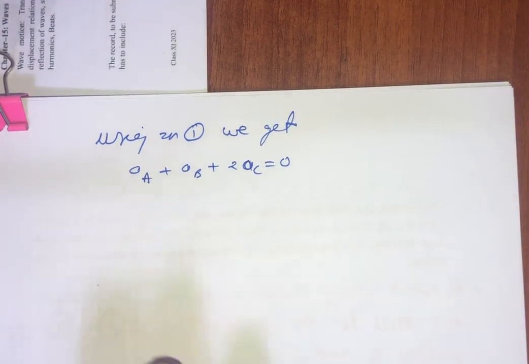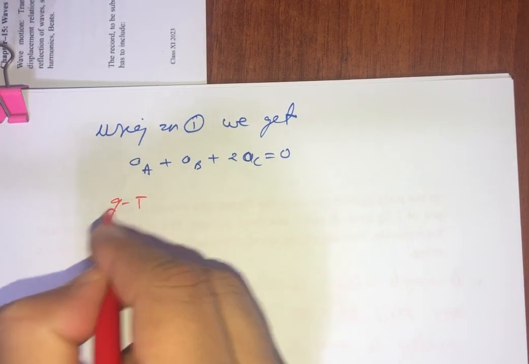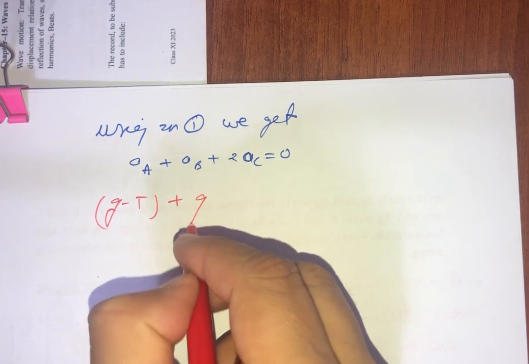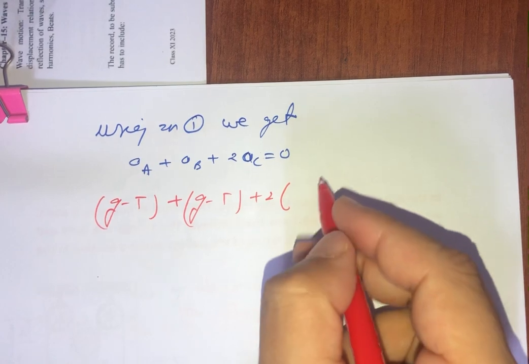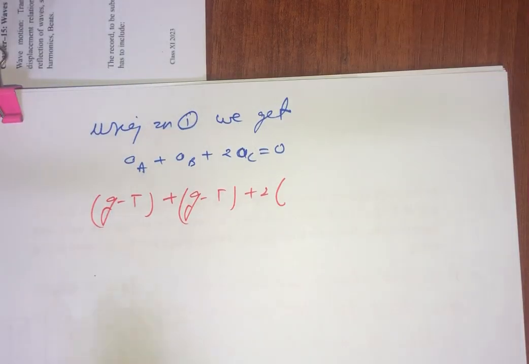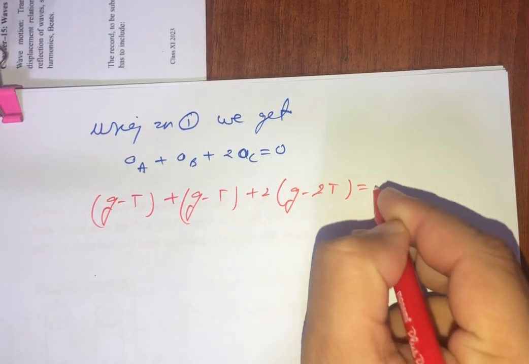So we get g minus T plus AB is also g minus T, and twice AC is given as g minus 2T, so 2 into g minus 2T is equal to 0.